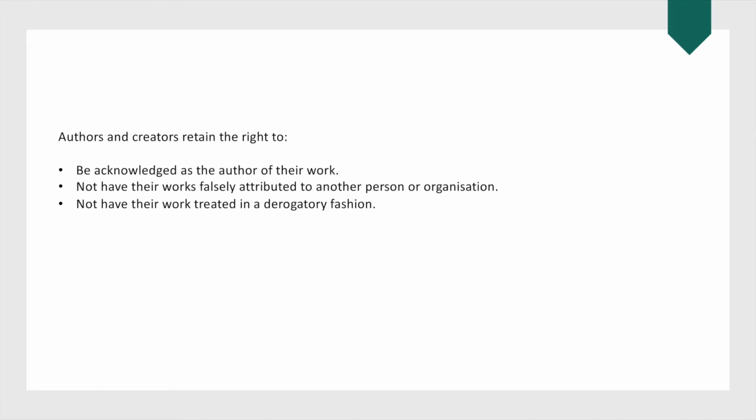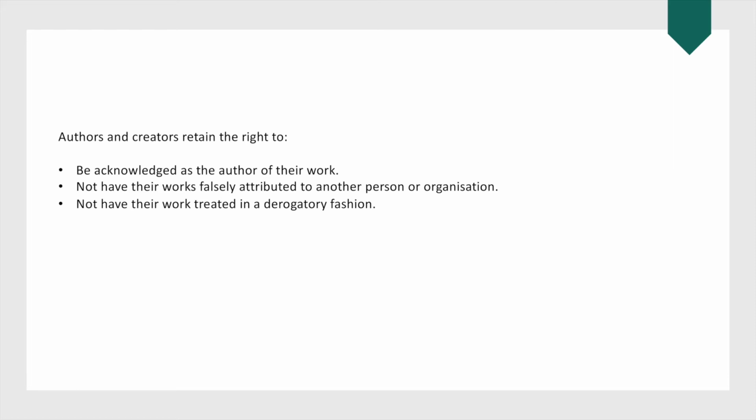Under most copyright acts, authors and creators retain the right for a few things: to always be acknowledged as the author of their work, and not to have their works falsely attributed to another person or organization. So it's always very important that as we track something, we track it down to the original person who did the contribution, or we can showcase the progression of that through our attribution.